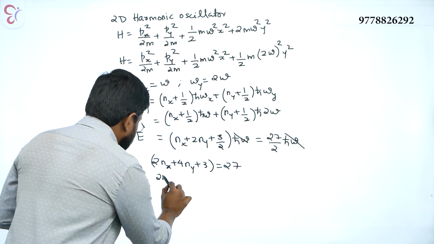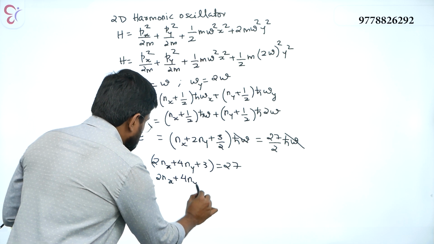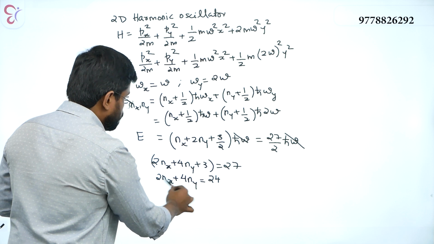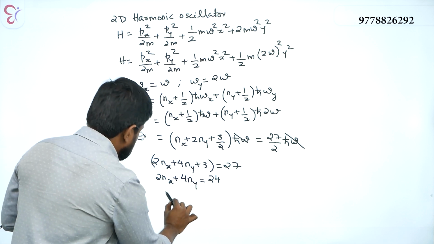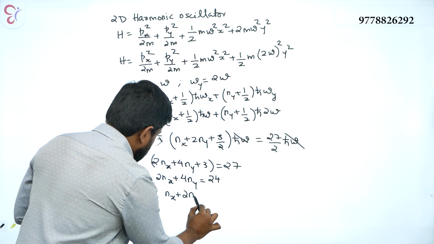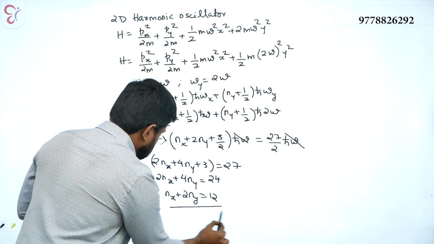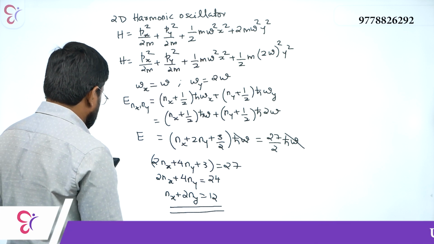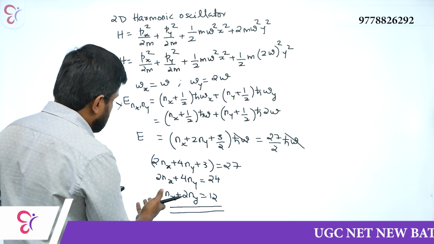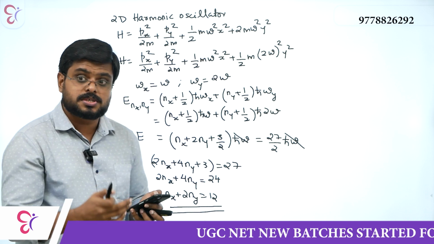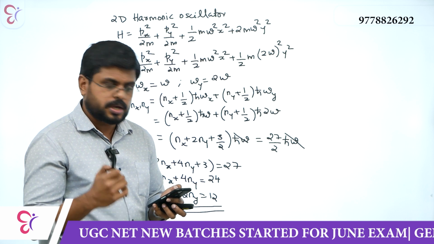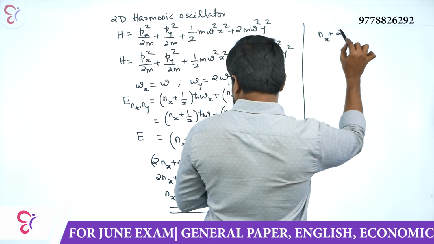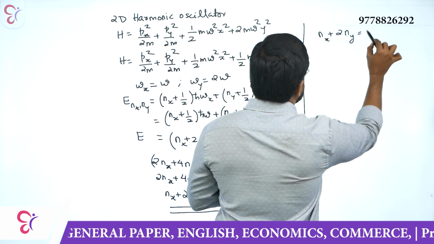So 2nx plus 4ny equals 27 minus 3, which is 24, and you can take this 2 common and divide it, and then it will be nx plus 2ny equals 12. So we have to find out the values of nx and ny which give 12 as the answer. Okay. So we have got nx plus 2ny equals 12.